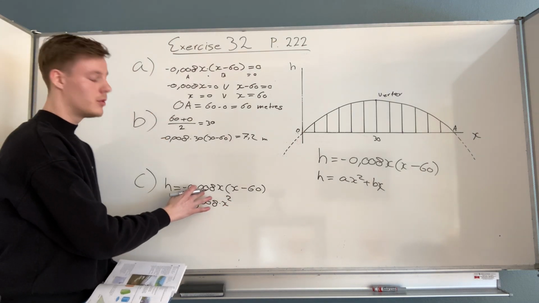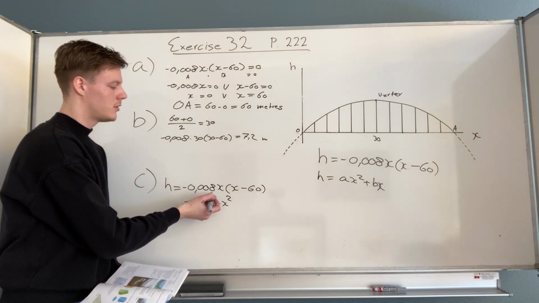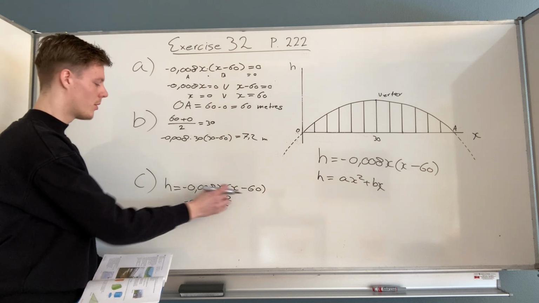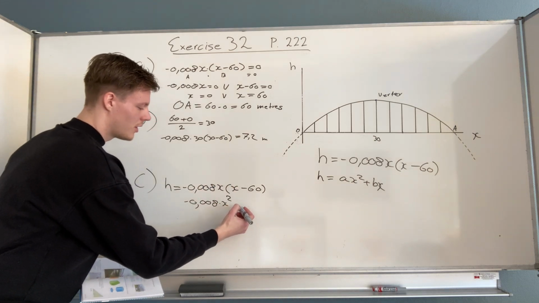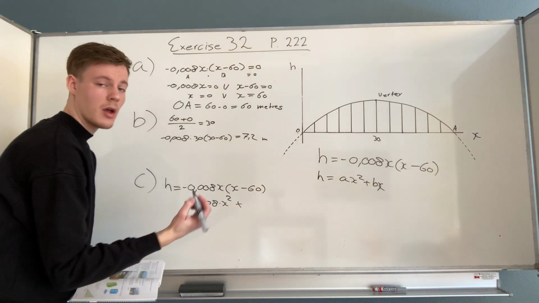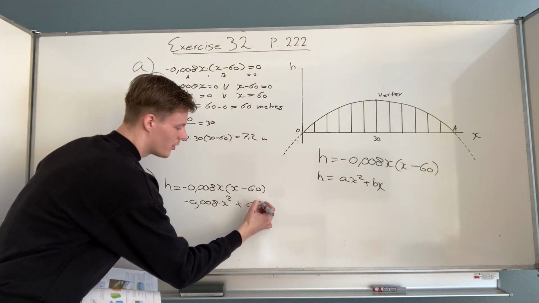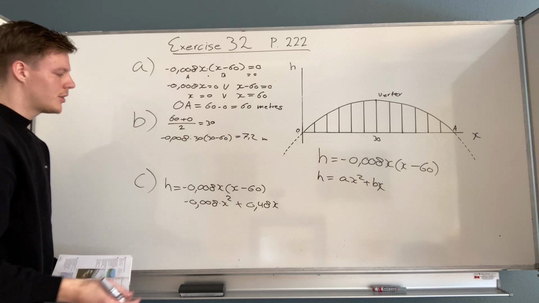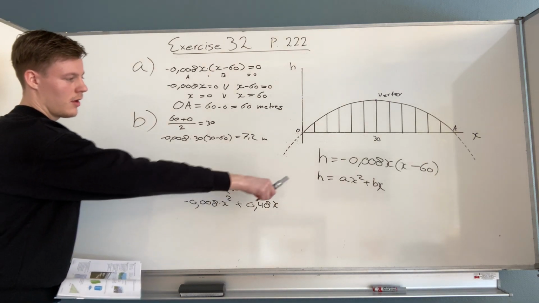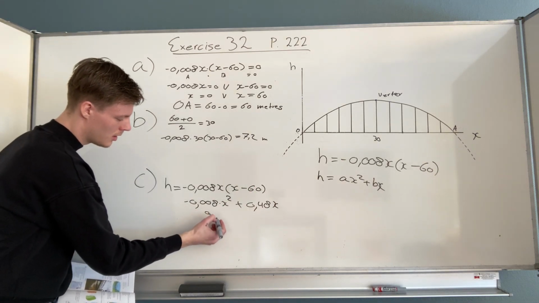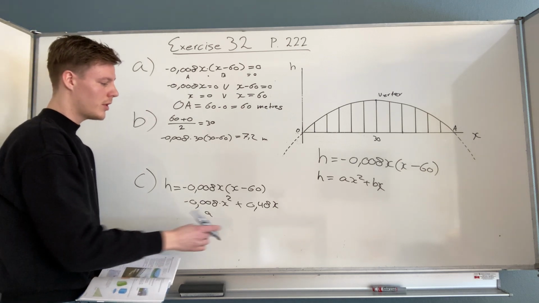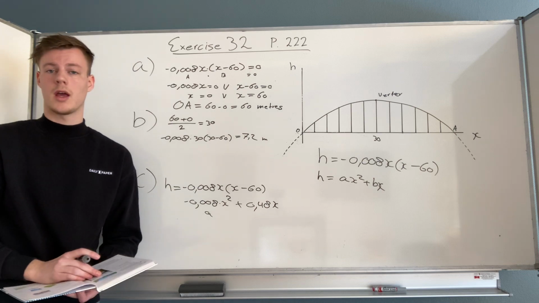And then we have to multiply this term with minus 60, which gives us a positive number, because you have two negative numbers. And if you calculate this, you'll get 0.48x. And as you can see, we now have this form, because a is minus 0.008 and b is 0.48.